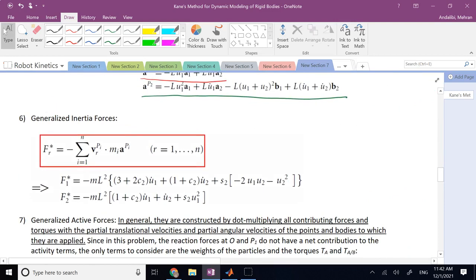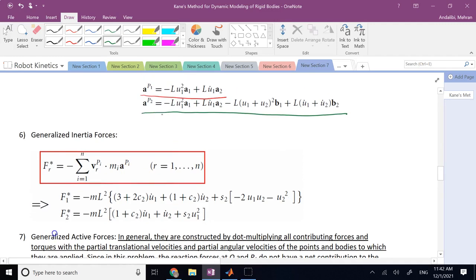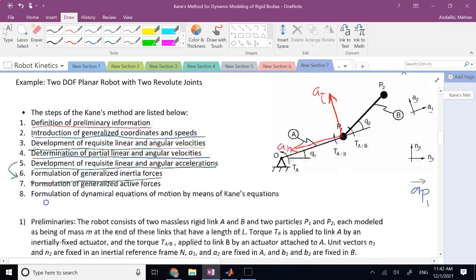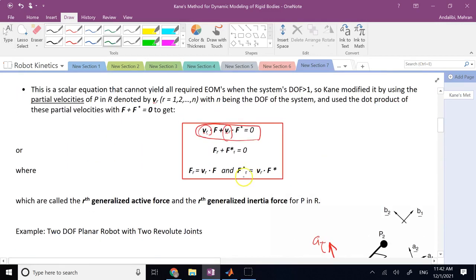Well, in order to find those, we multiply each one of these accelerations of these particles by the corresponding mass and then dot product it with VR of that particle, right? Because remember, here we define FR star as VR dot F star.